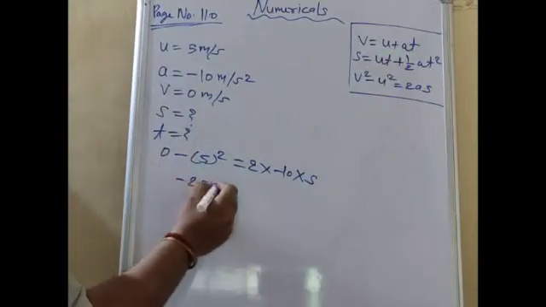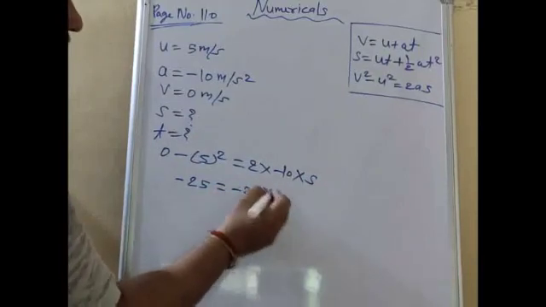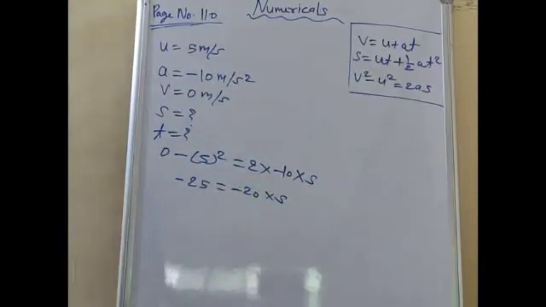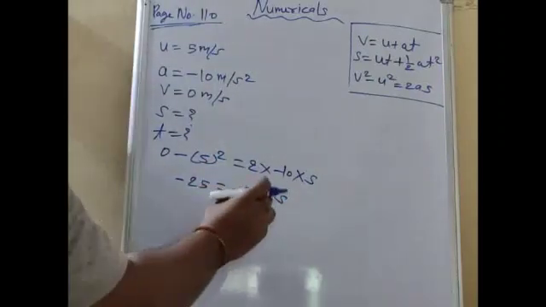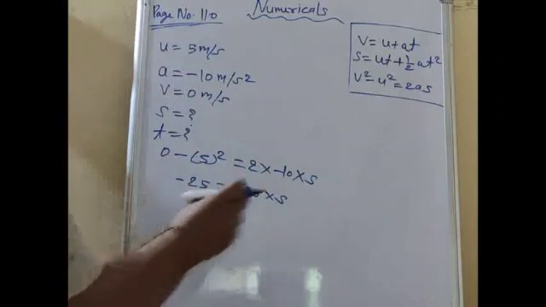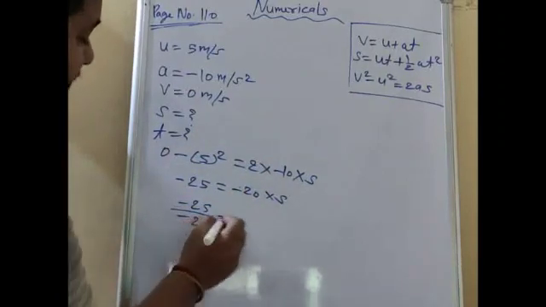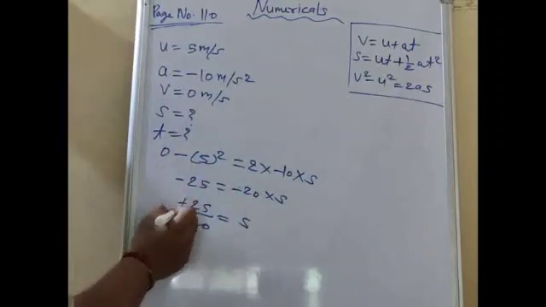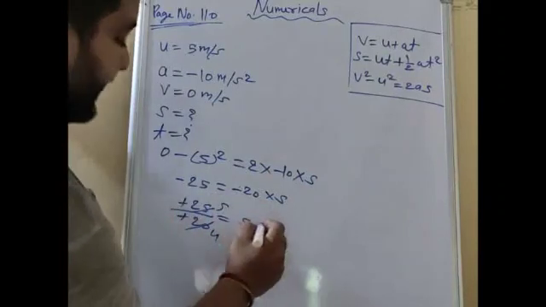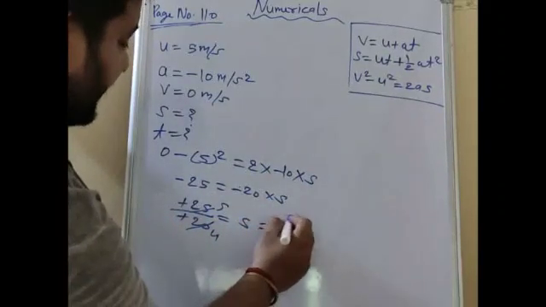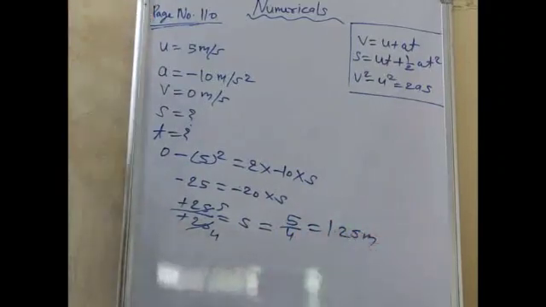So minus 25 is equal to 2 tens are 20, minus 20 into s. Here 20 is in product with s, so when you transpose it, it will divide minus 25. So minus 25 by minus 20 equal to s. Minus minus cancel. 5 4s are 20 and 5 5s are 25. So s is equal to 5 by 4, or you can say 1.25 meter.